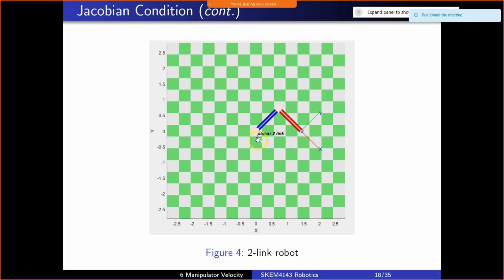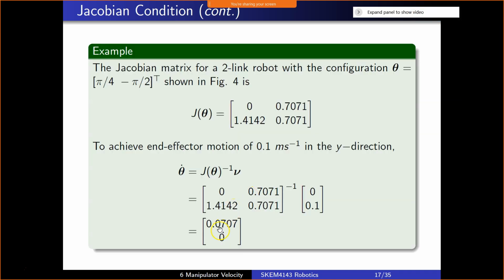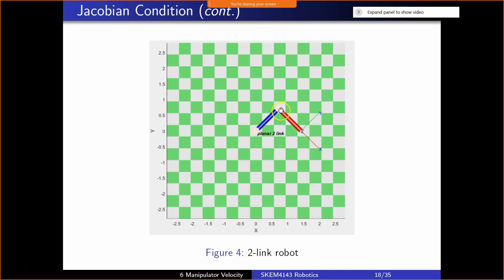If I have theta 1 dot to be positive, for example, 0.0707, and theta 2 dot to be 0, the end effector will indeed move in this direction at that instant, right? So in this configuration, if I have theta 1 dot to be non-zero and theta 2 dot to be 0, indeed my spatial velocity is 0.1.